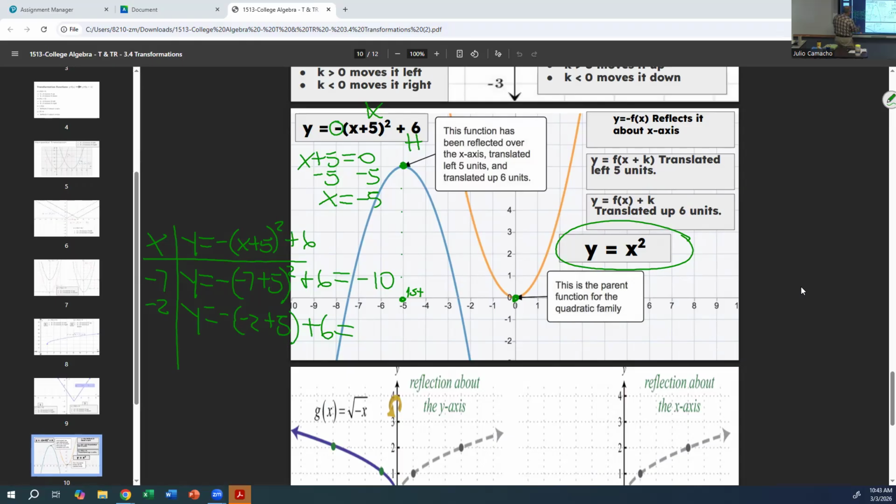Yeah, that would be -3. -3 plus 6 would be positive, it's +3. And you square it, it's 9 plus 6 is 15. And that was -2, so you have something around here. -2, 15 is around here, out of the paper. So you can see what the problem is there.